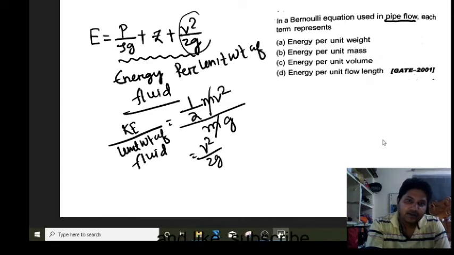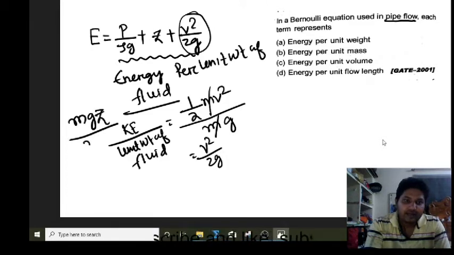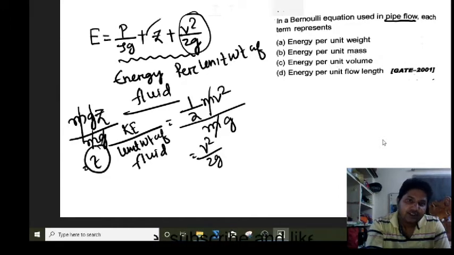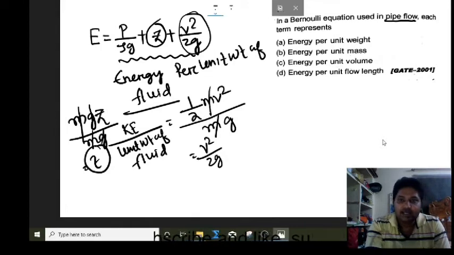Suppose potential energy, I am writing this as mg into z. Now per unit weight, mass into g, so this is gone, this is gone, and this is the z. So each term is representing the energy per unit weight of the fluid. Basically here the energy is expressed in the form of head.